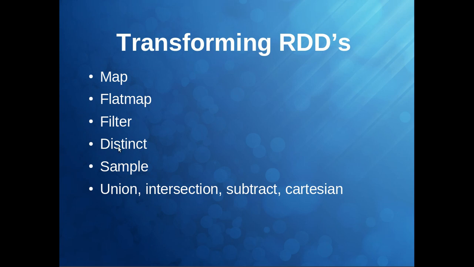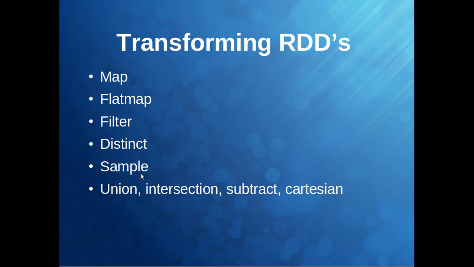Distinct: let's say your RDD contains duplicate rows and you want to get the distinct rows. You can apply distinct and get the distinct records. Sample is basically used in testing.